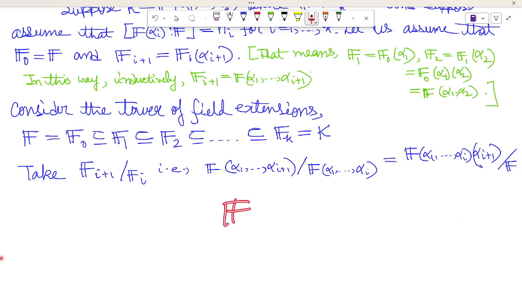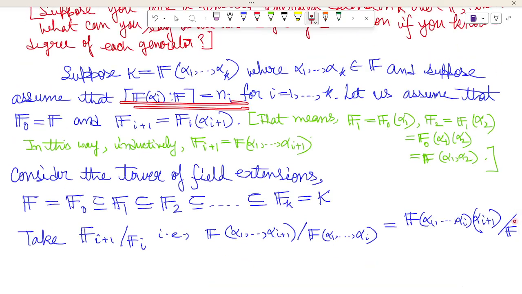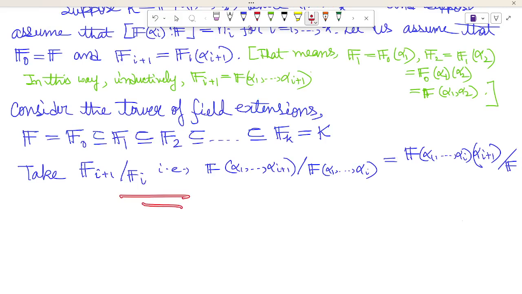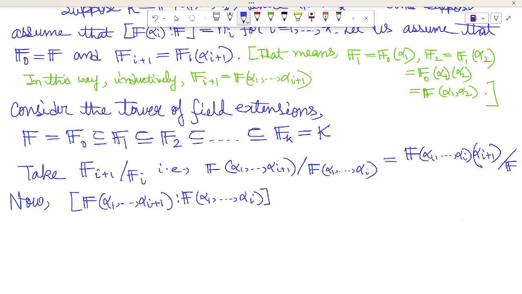Now we know, I assumed there, right? So the degree of this extension depends on the minimal polynomial, the degree of the minimal polynomial of alpha i plus 1 over the field, this thing. Okay.